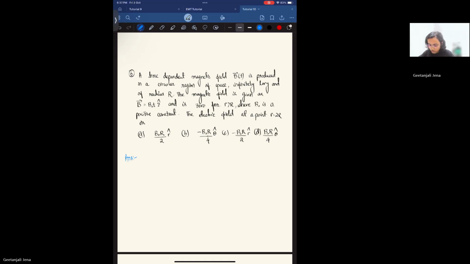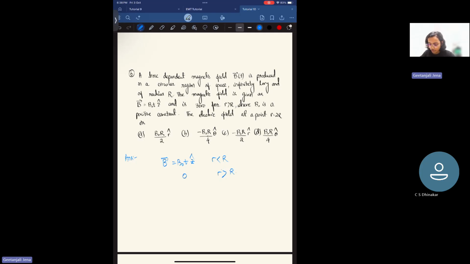Okay, so for question number 6, there is a time dependent magnetic field B(t), which is produced in a circular region of space, infinitely long and of radius R. The magnetic field is given as B0 t ẑ, and it is 0 for r greater than R. So it is non-zero when r is less than R and 0 when r is greater than R. B0 is a constant.